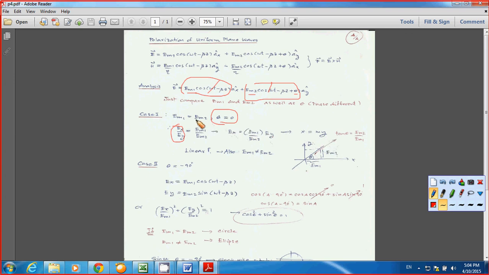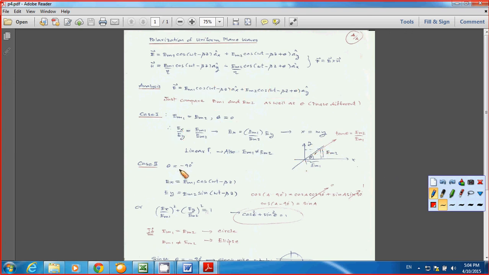And if EM1 is not equal to EM2, you can find the angle, tan theta equal to EM2 over EM1, which tells you the slope of the line, so it becomes a linear polarization.